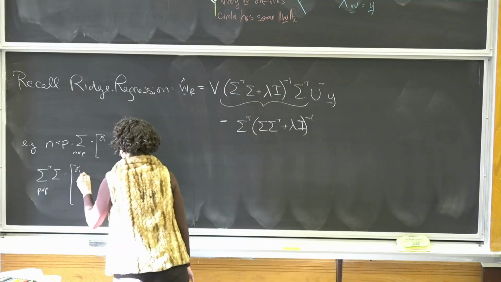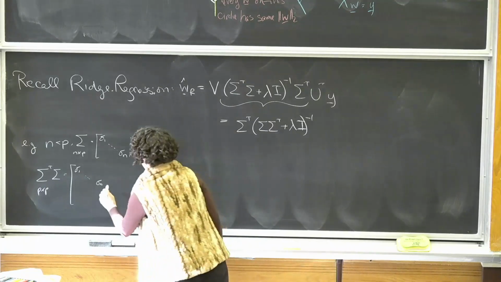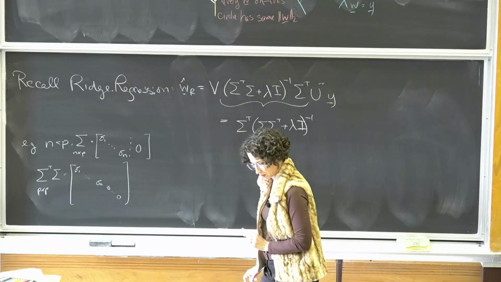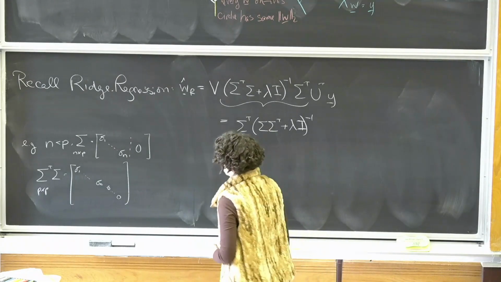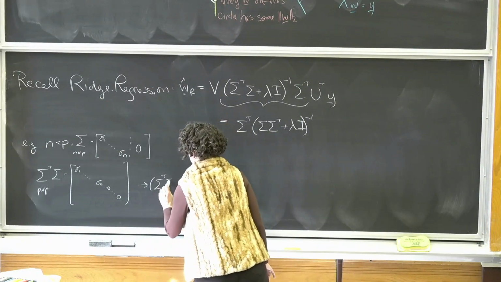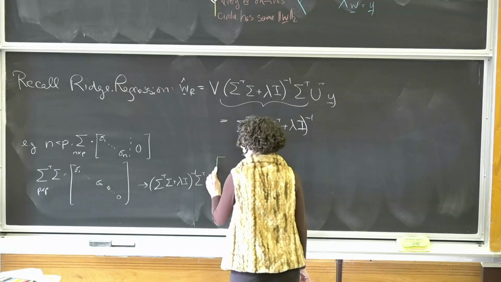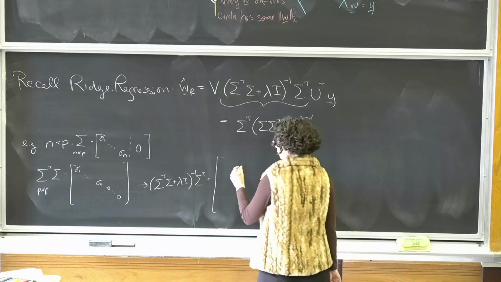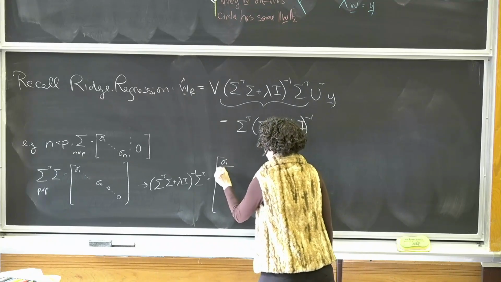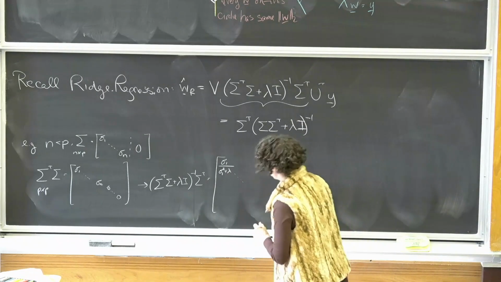And so I will have sigma 1 through sigma n, and then a whole bunch of zeros for the rest of this diagonal matrix. And then if I were to compute sigma transpose sigma plus lambda identity inverse sigma transpose, what I would get would be sigma 1 over sigma 1 squared plus lambda all the way to, at least we can get this right.